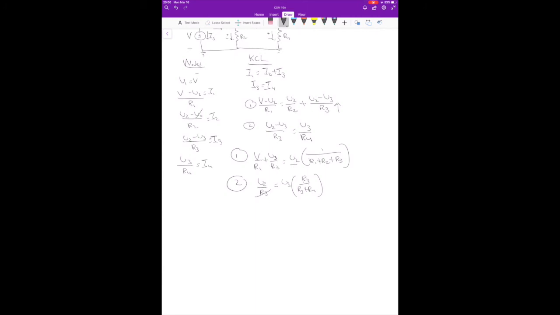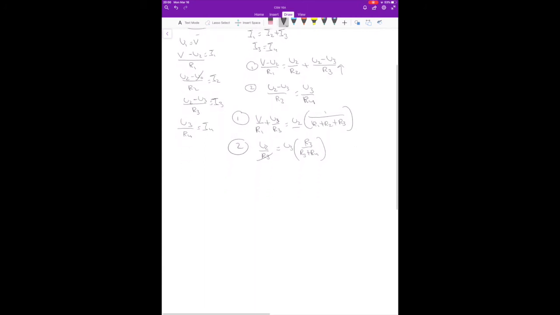So we'll get that V over R1 plus U3 over R3, and now we're going to plug in the value for U2 here, is equal to U3 times this huge quantity, R3 over R3 plus R4, times 1 over R1 plus R2 plus R3.